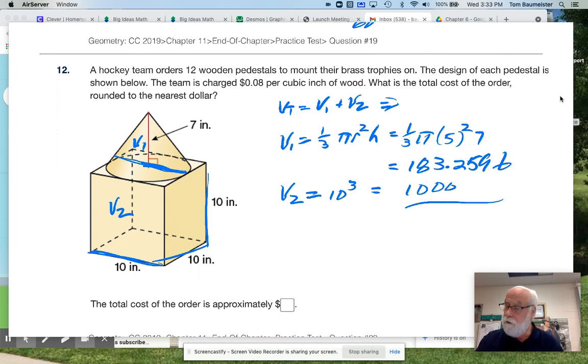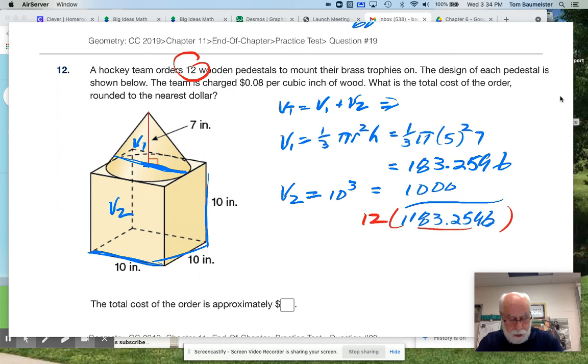If you take all of that, you are going to get 1,183.2596. That's for one of them. How many of them do you have here? You have 12 of them. And how much are they going to charge you?